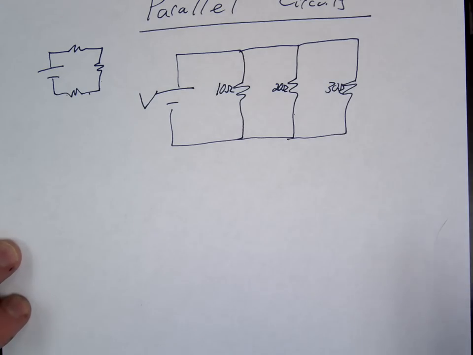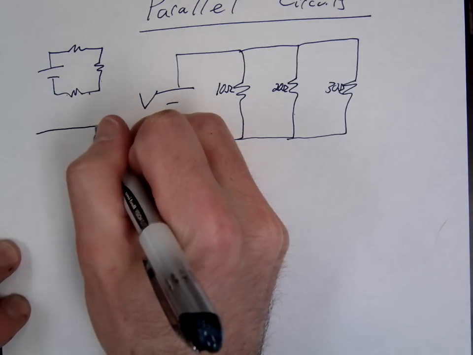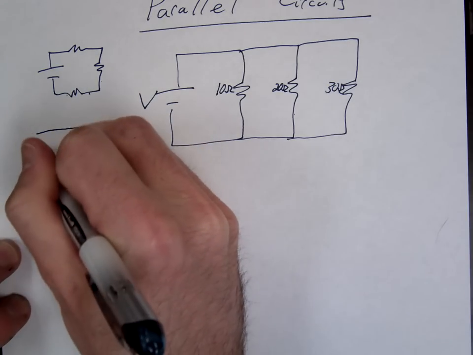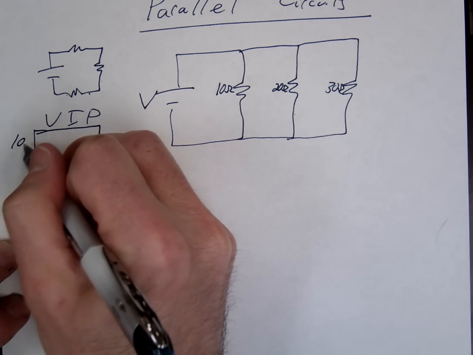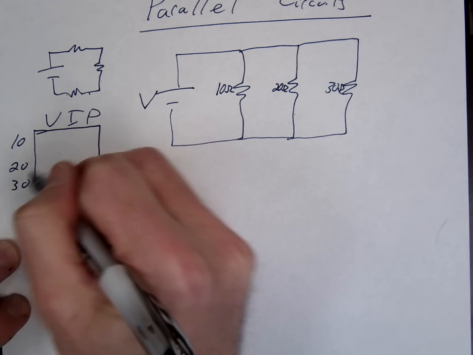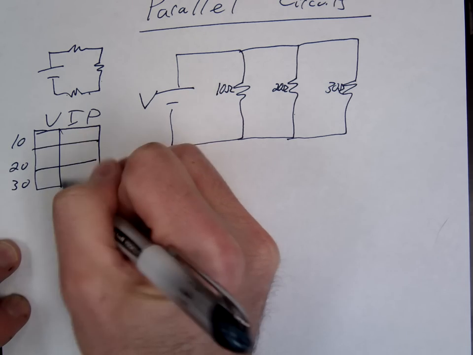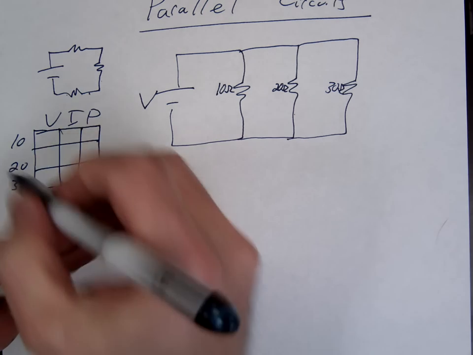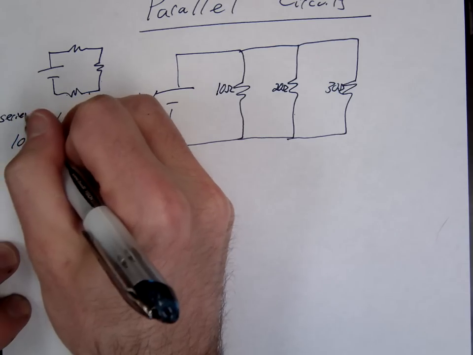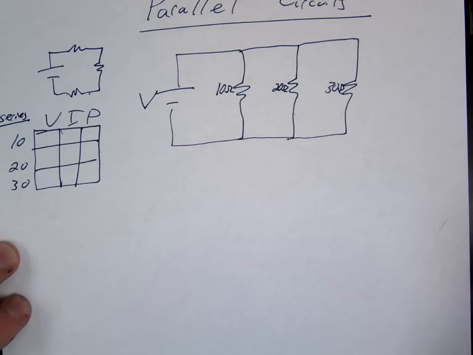So yesterday with series, let's have on the side what our series circuit V, I, P looked like, so we have a comparison. So we have 10, 20, 30, right? This was for series. And let's get our numbers from yesterday.